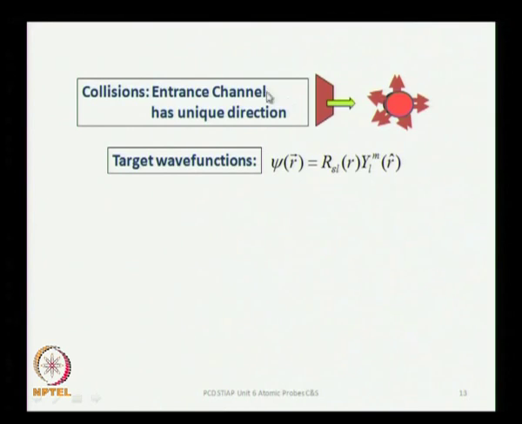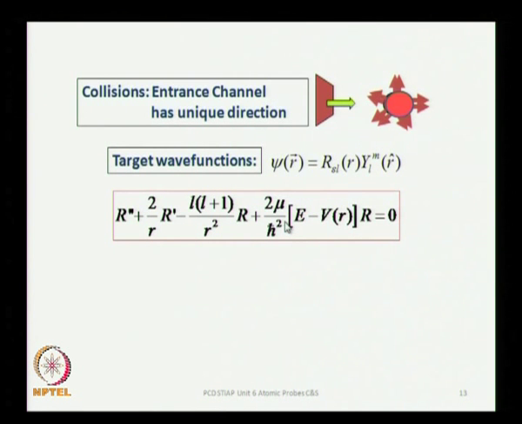What we have learned so far is that in a collision experiment you have a unique entrance channel, you have scattered waves, and the target wave functions, which is an atomic system for our consideration. You can factor the radial dependence from the angular dependence as you always do.